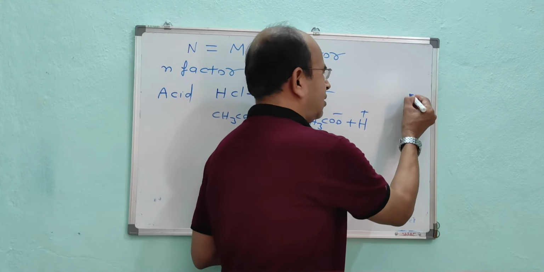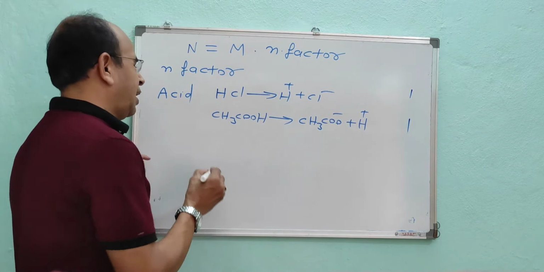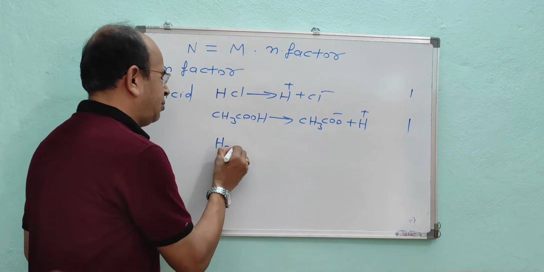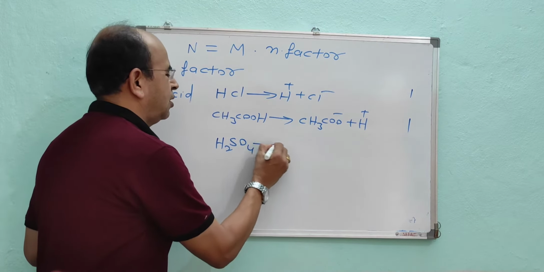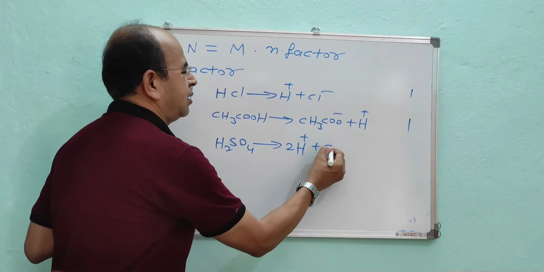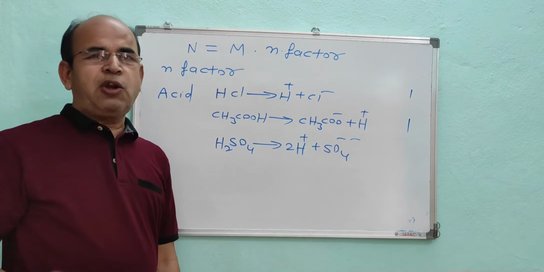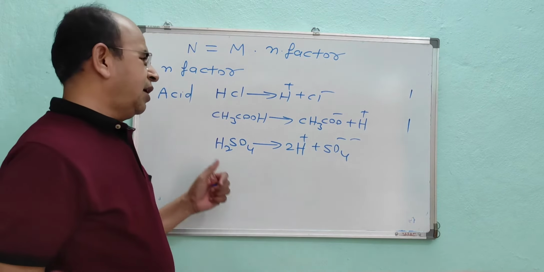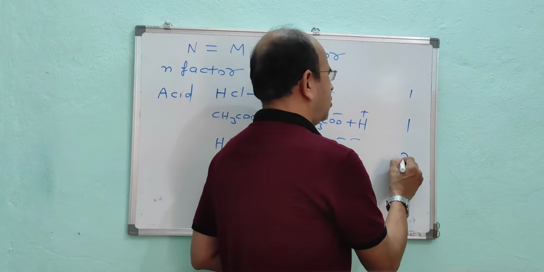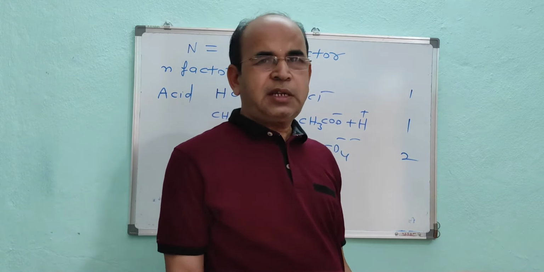N factor is 1. Now take sulfuric acid, H2SO4. It will produce 2 hydrogen ions and sulfate ion. As it gives 2 hydrogen ions, what is the N factor? N factor is 2.